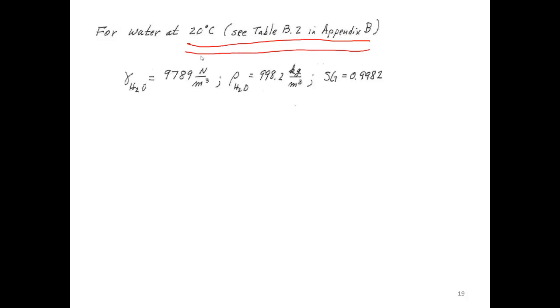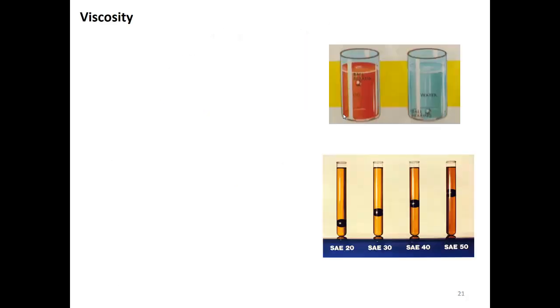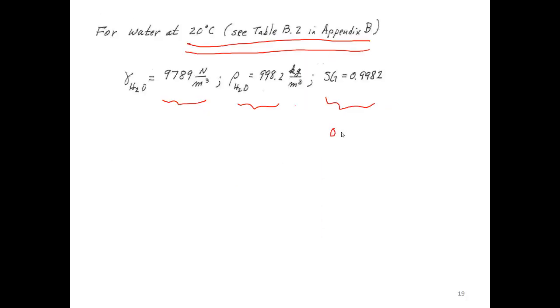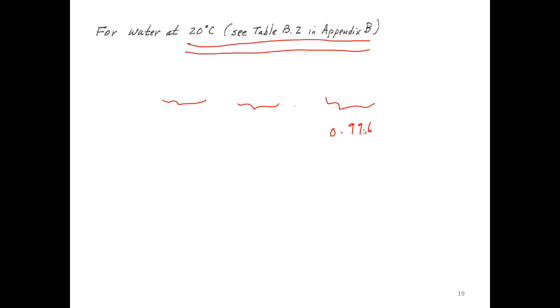So if you look into the numbers there, you have the specific weight is 9789, the density 998, and the specific gravity is 0.9982. Here it was 0.996. Oops, 0.996. This one I forgot, 9770.